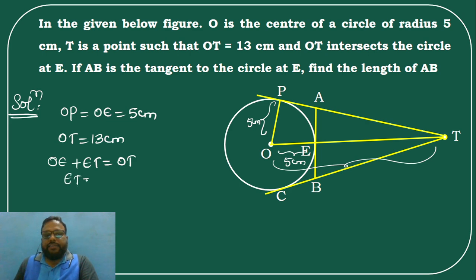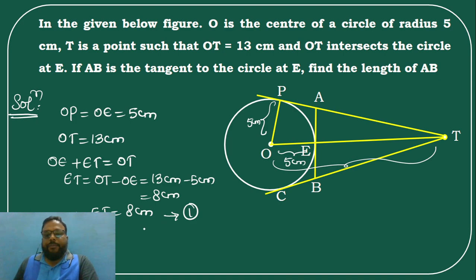So ET is equal to OT minus OE, that is 13 centimeters minus 5 centimeters, which equals 8 centimeters. So in the first step I got ET as 8 centimeters. Let us name this as equation 1.